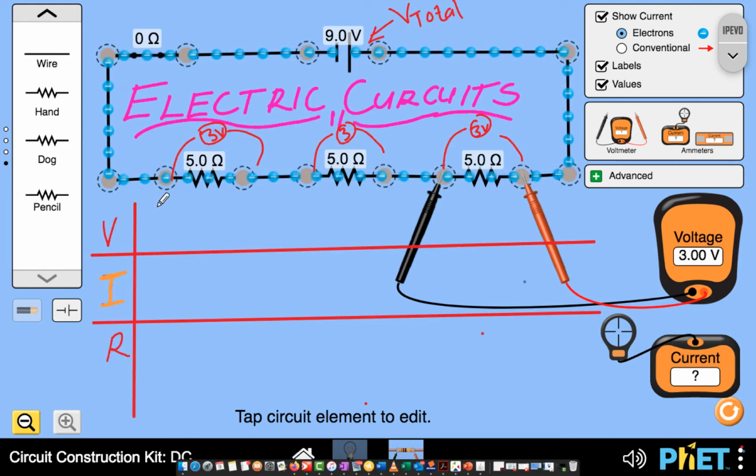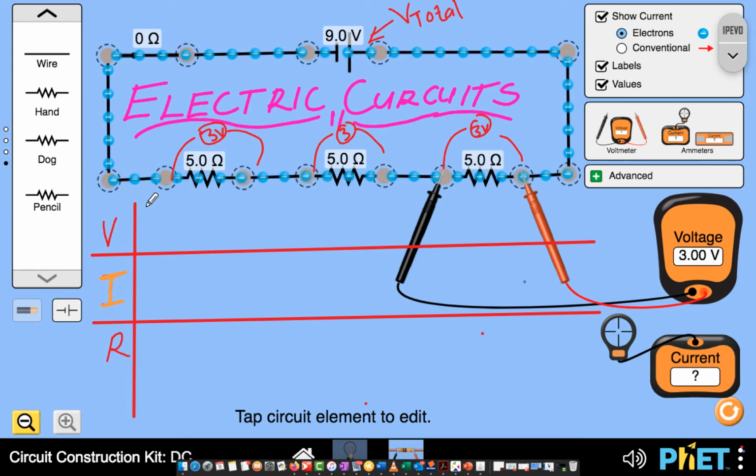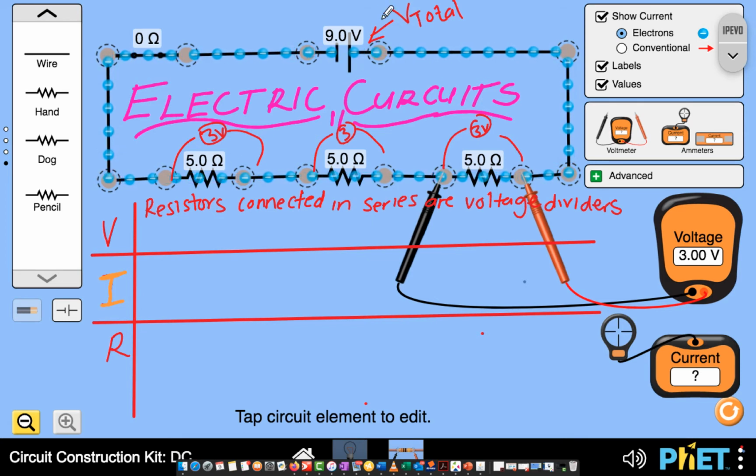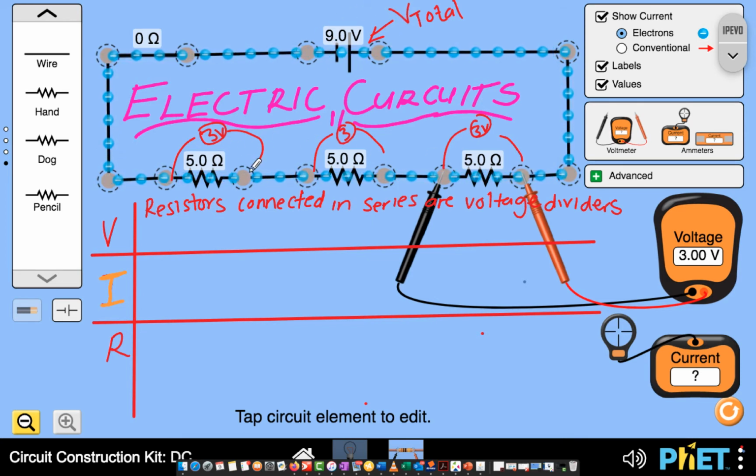So we can conclude that resistors connected in series are voltage dividers. In other words, the total voltage is divided amongst the resistors, and if the resistors are of the same size, the voltage is divided equally.